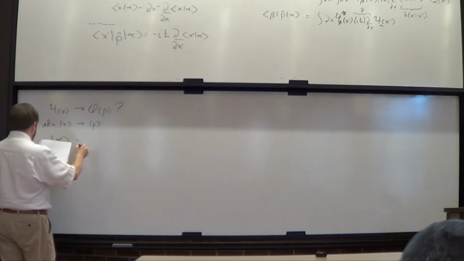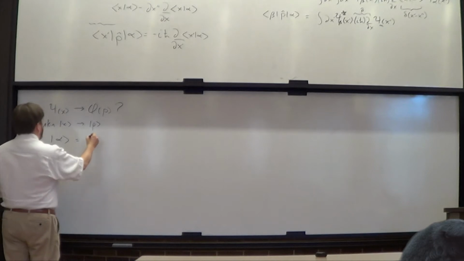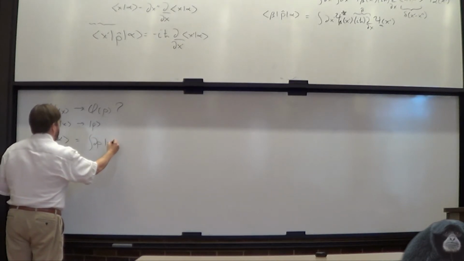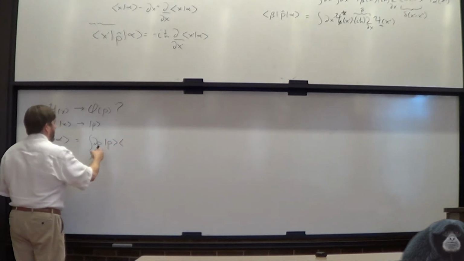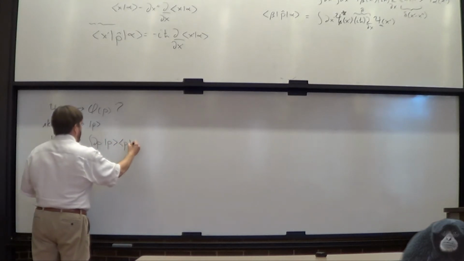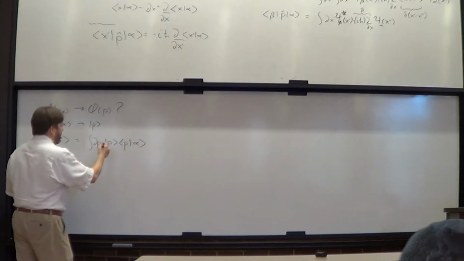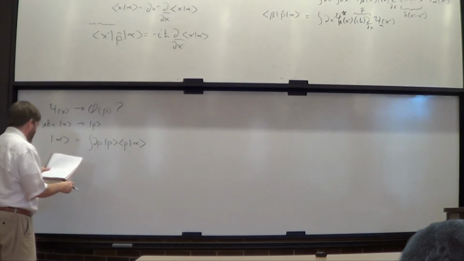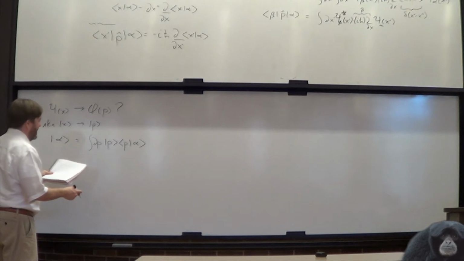Okay, now what? I'm going to resolve an identity, but I'm going to do it in P. So, again, P is continuous, momentum is continuous. So I've resolved an identity. Okay, so I got to remind myself. Okay, so I don't know what to do with this.